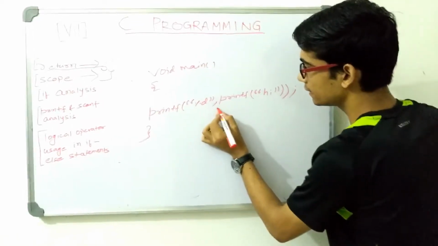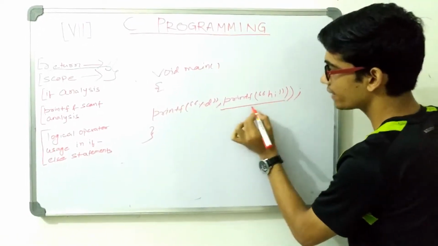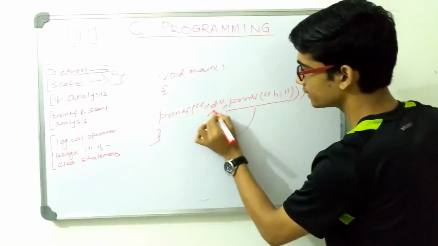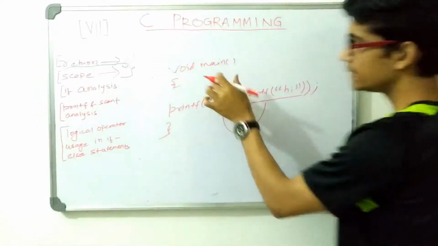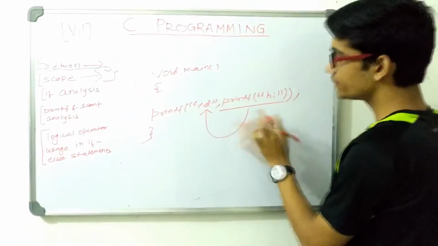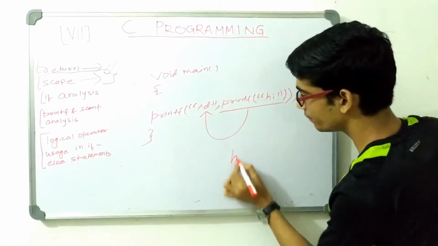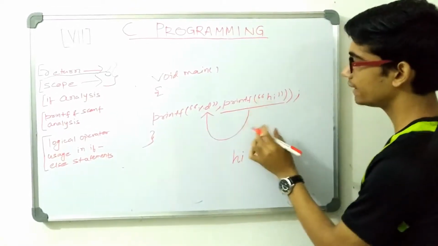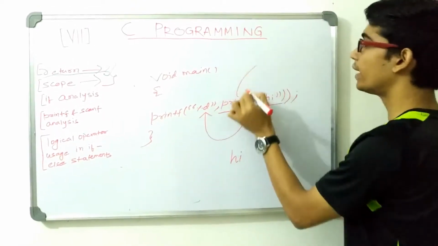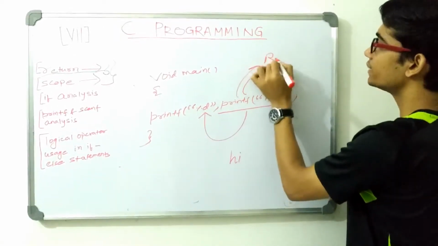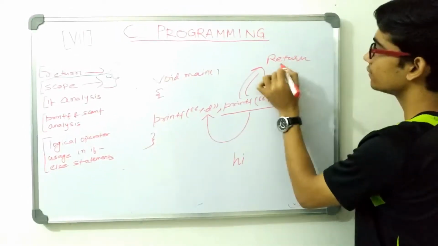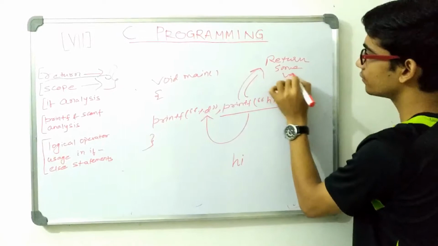What happens is, generally we have a variable here and the value is passed like this. So when this code is executed, this printf hi will be executed, and then it will return some value. Okay, what value will it return?